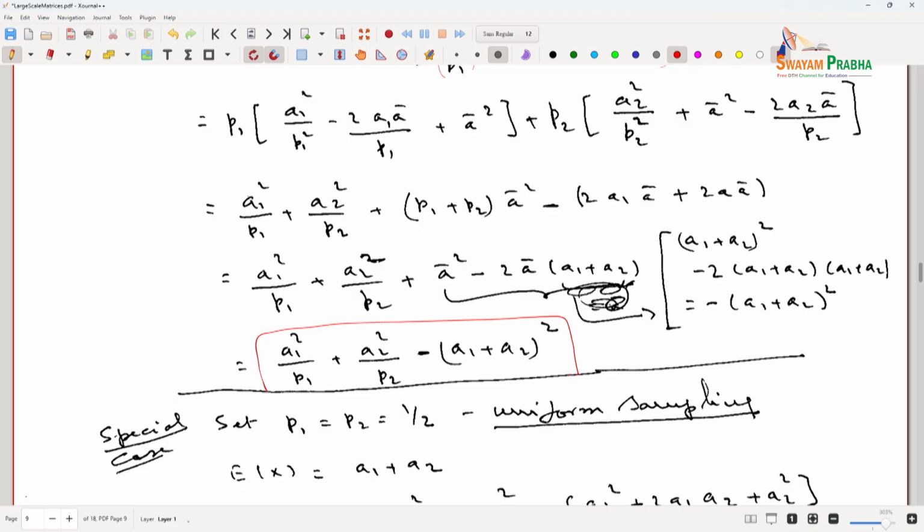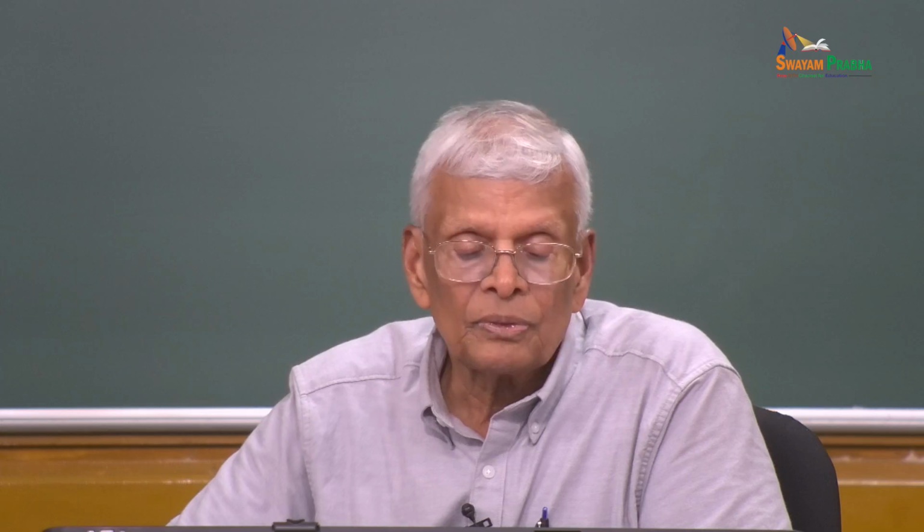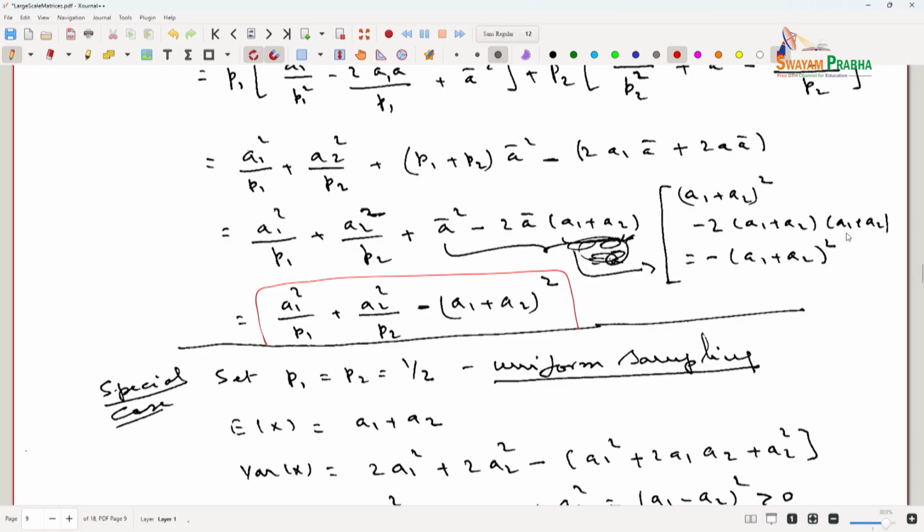So, I am transforming the variable by dividing by the probability, Ai by Pi. The transformed random variable is such that its mean is A1 plus A2. So, here I am computing the variance of this random variable x, which is A1 square by P1 plus A2 square by P2 minus A1 plus A2 whole square. Now, if P1 is equal to P2 is equal to half, that is called uniform sampling.